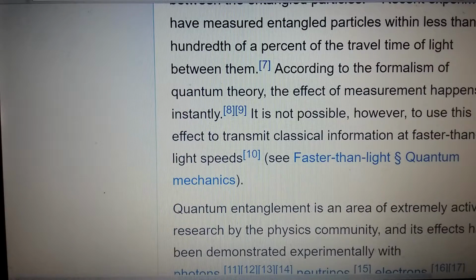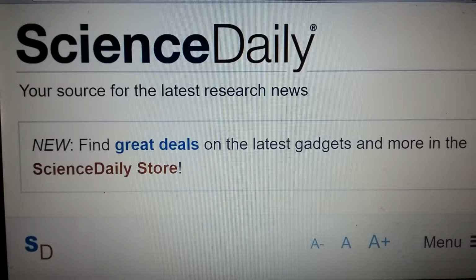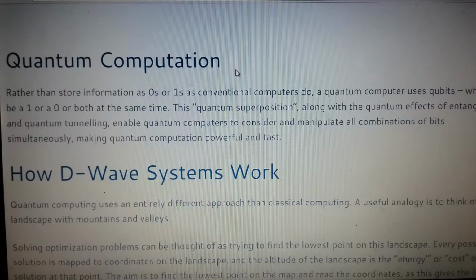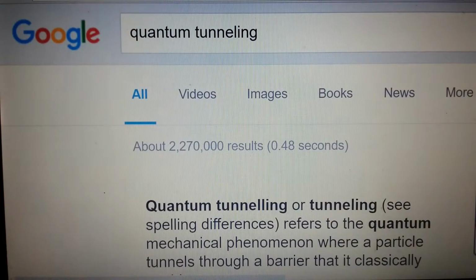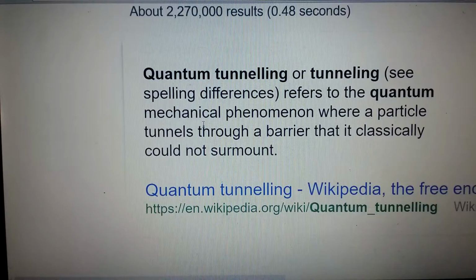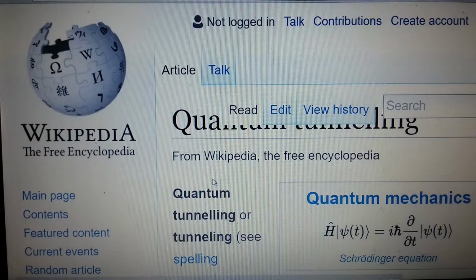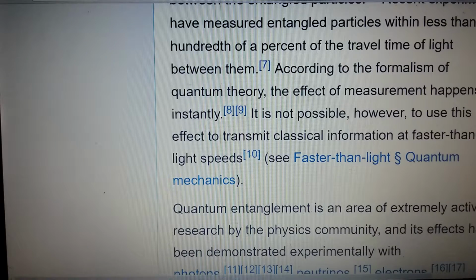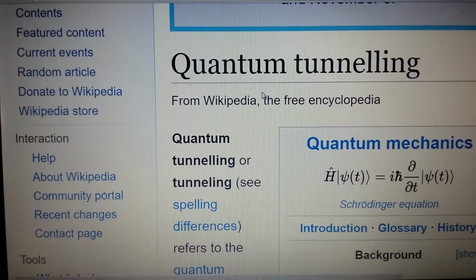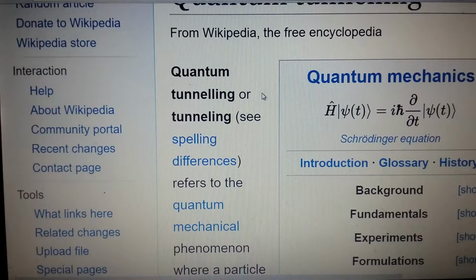Okay, now let's see what quantum tunneling is. We just went over quantum entanglement. Let's see what quantum tunneling is.